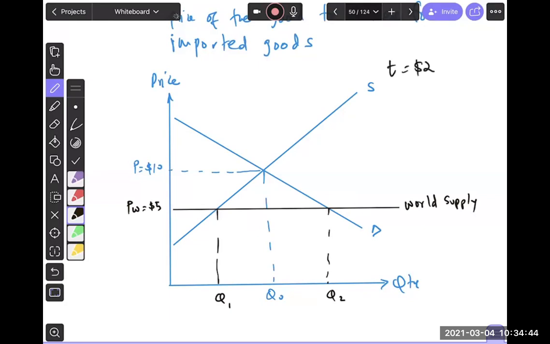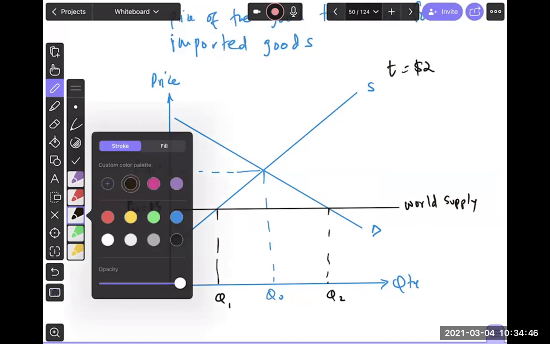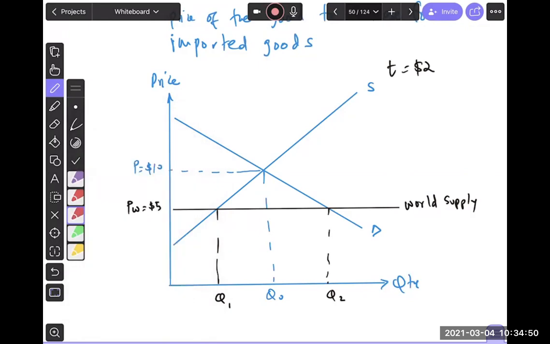When they put a tariff of $2, the price becomes, from $5, PW plus T, or $7. Are you all with me? So this is world supply plus tariff.